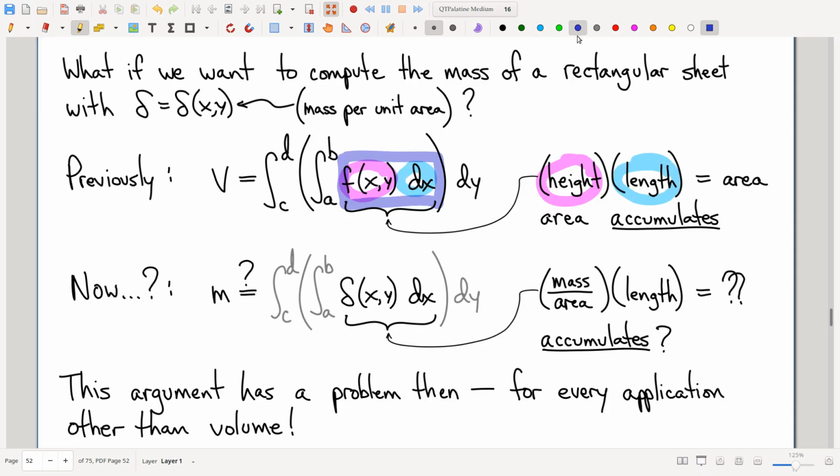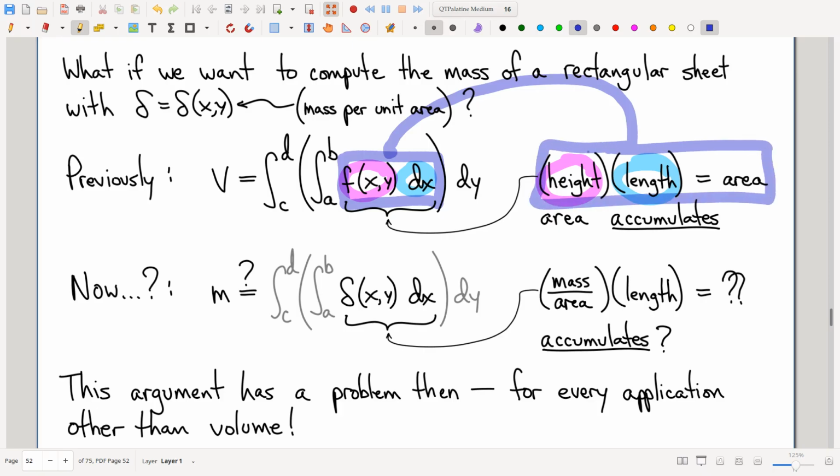And then from that, we argued that height times length is area. Area is a thing. It's a known thing. I have pre-existing intuition for it. I can make a case for how area behaves. And by the way, among other things, I know that area has this feature called accumulation. I like to call it accumulation, which just means the whole is the sum of the parts.